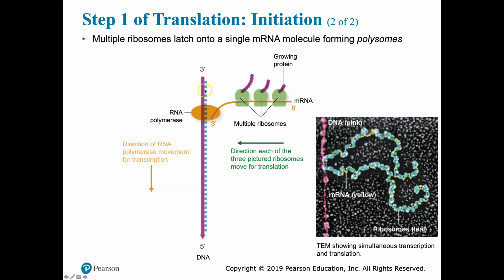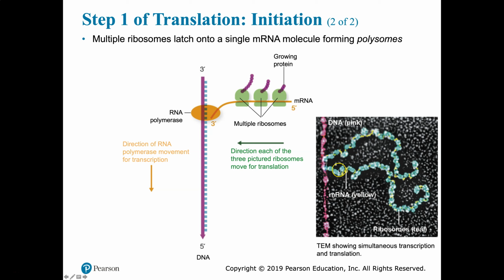So, as the mRNA is being transcribed, being created, it is also being translated by multiple ribosomes. This image shows, on the right here, the pink is the DNA. There's a yellow line in the middle here. That's the mRNA strand that's built, and here's another one that's been built.